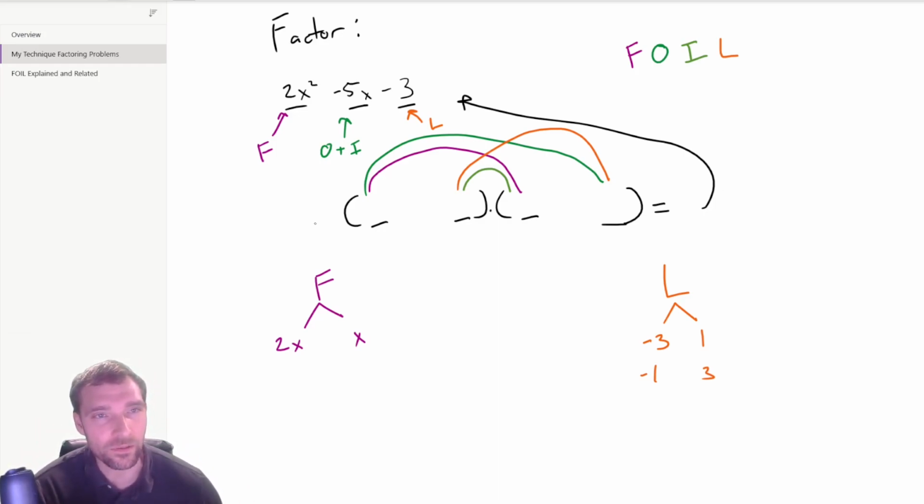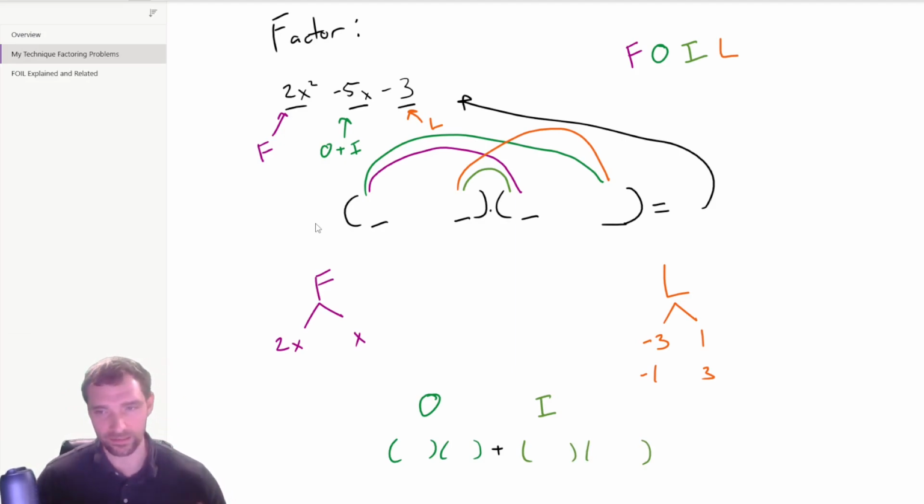And then what we're going to have is this outside and the inside, which are going to be two numbers that are being multiplied, and then they're being added to two other numbers that were multiplied. And so you're basically taking these two factors that are maybe these terms for the first or the second part of these parentheses, and you're guessing and checking in here.